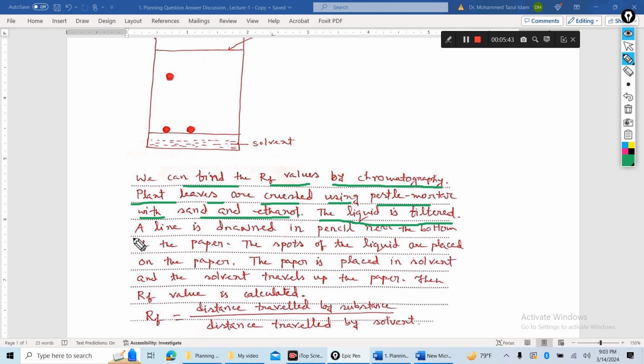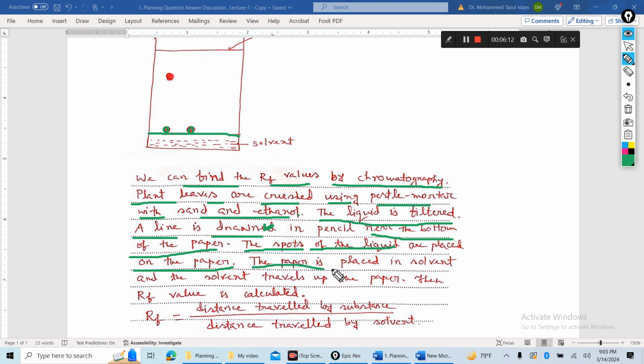After that, a line is drawn in pencil near the bottom of the paper, and the spots of the liquid are placed on the pencil line.